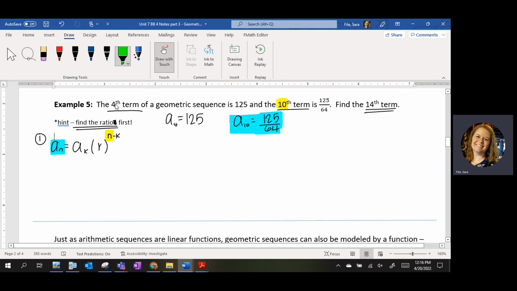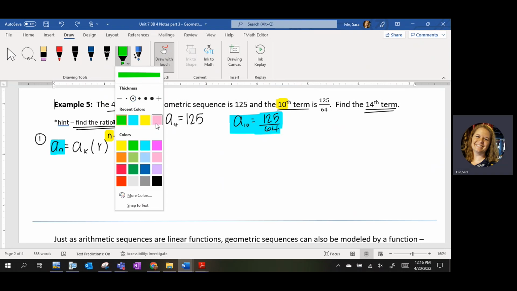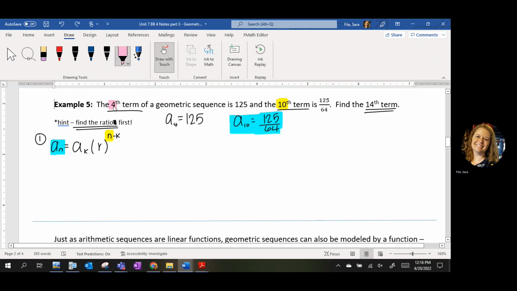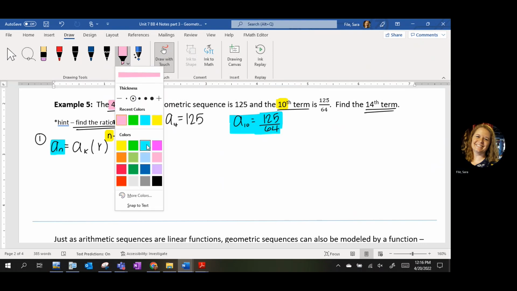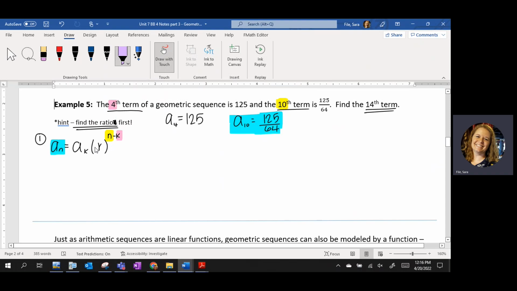And then I will make the 4th term, actually I'll do a different color here, my K. So K is 4. So then A sub K is 125.